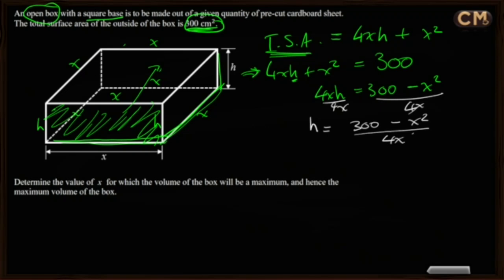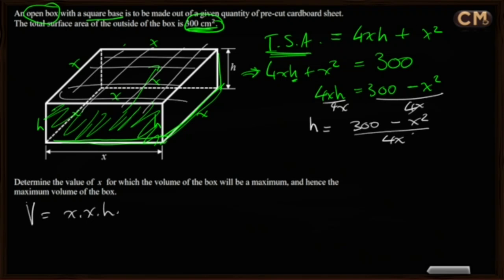We can now define the volume of this box in terms of x. But first, let's just see what we have. The volume for the box is just going to be x times x times h, because it's a rectangular prism, and the open nature of the box doesn't matter anymore, because we are interested in the volume that can be contained inside the box with or without the top.